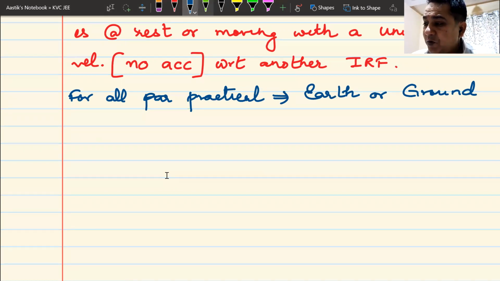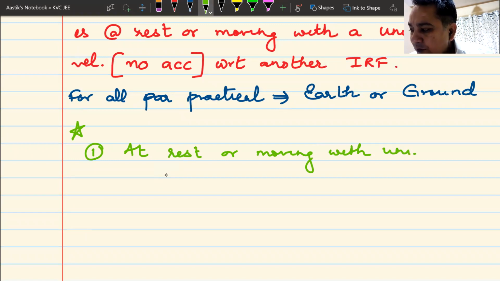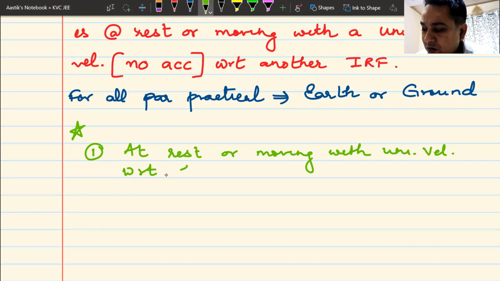So what are the important points that you must remember? Number one, this inertial reference frame must be at rest or moving with uniform velocity with respect to Earth.